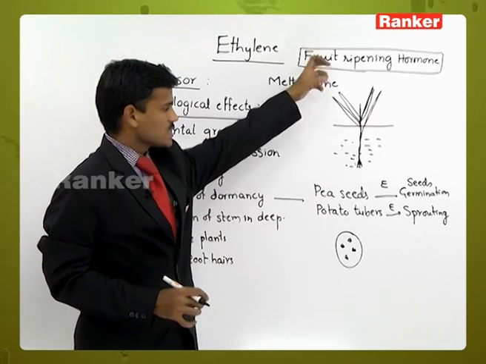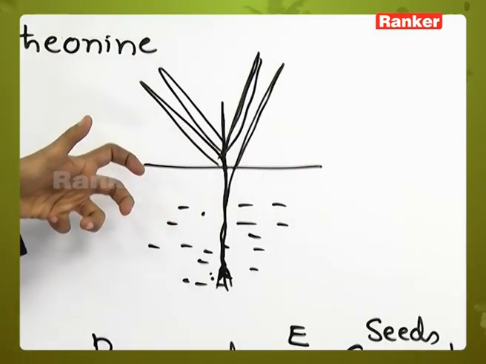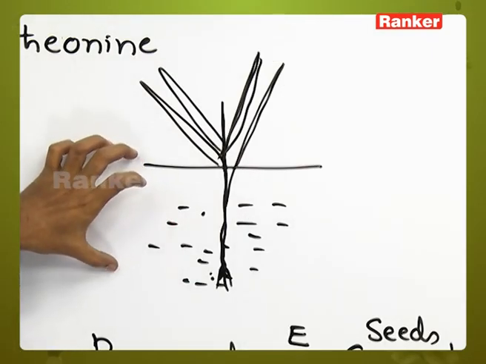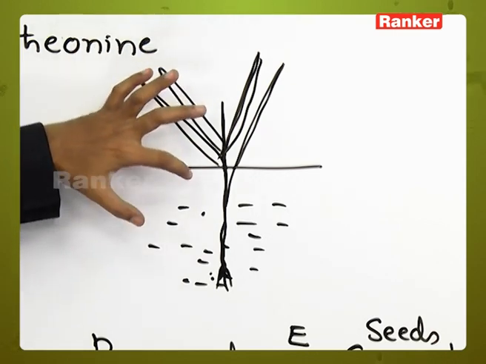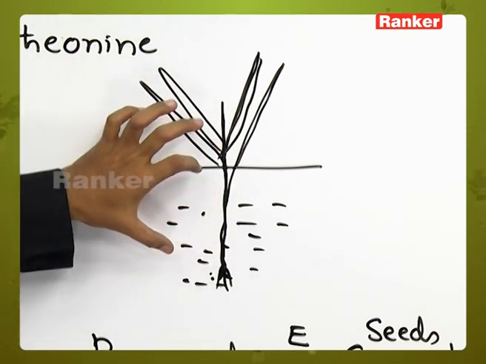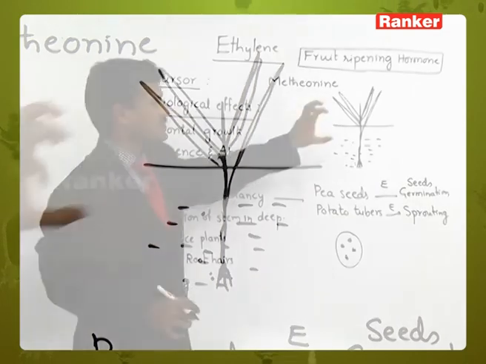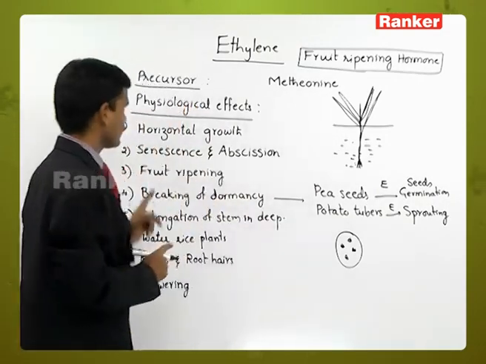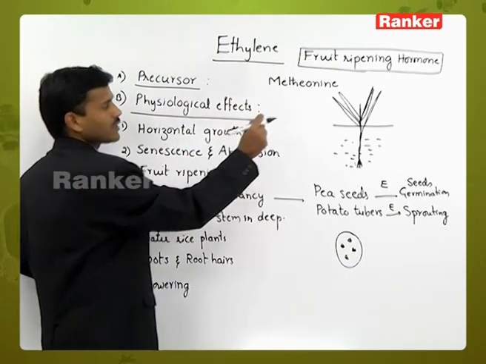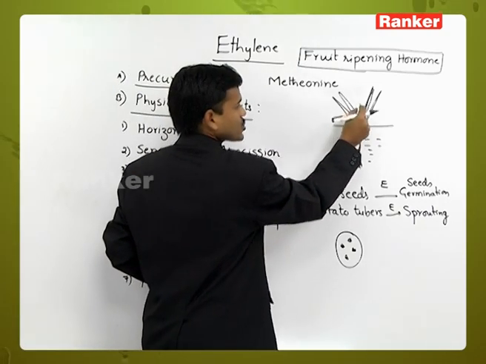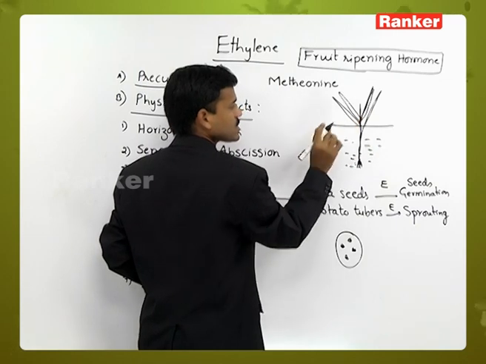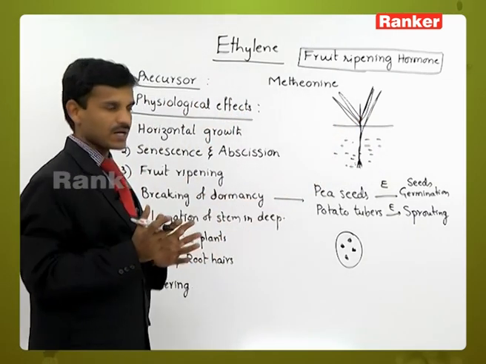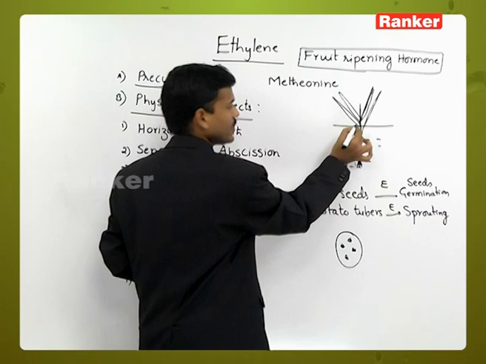But due to the effect of ethylene, the stem portion and the petioles elongate. In some plants the petioles are leaves.